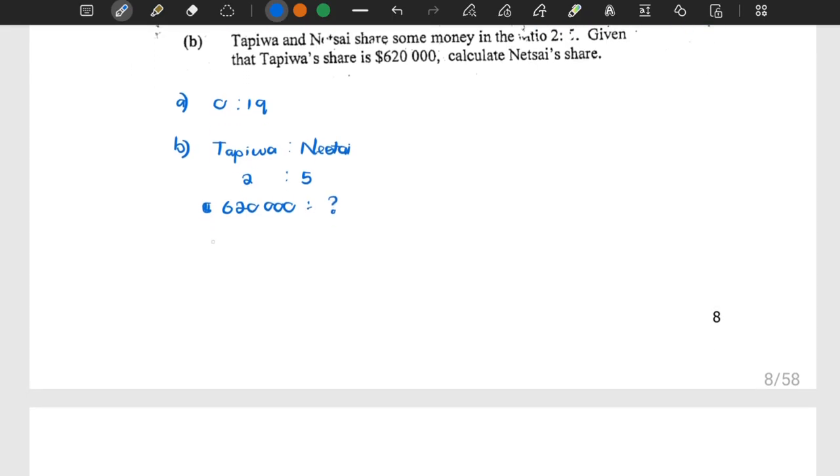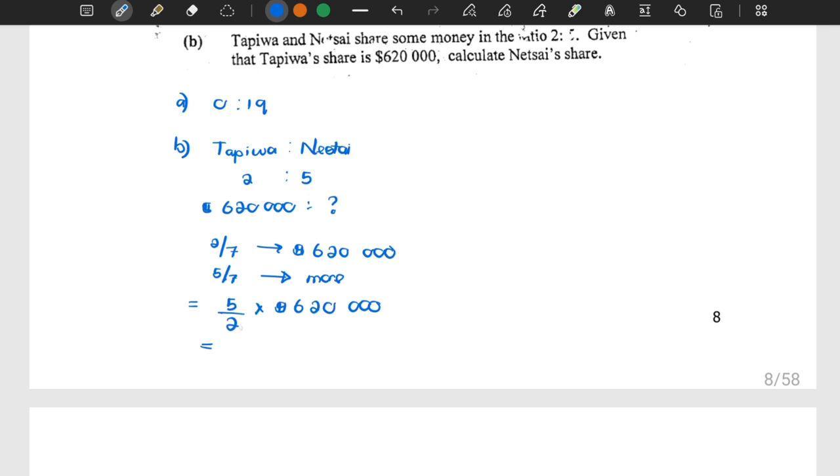So we know that Tapio is 2/7 and his share is 620,000. What about Natsai, who has 5/7 of the ratio? Then that translates to 5/2 times 620,000.